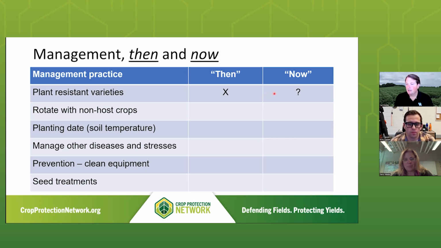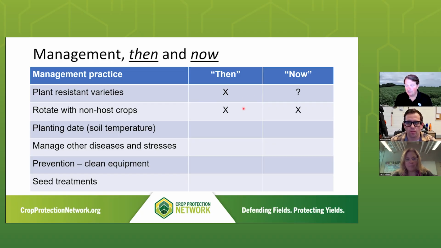But currently, we just don't really know much about the current varieties that we're growing and how susceptible they may be. We may have some observations from some of our field trials or knowing what variety a farmer may have planted in a field that had red crown rot. But we don't know a whole lot, and we hope that some of that information will be coming soon.